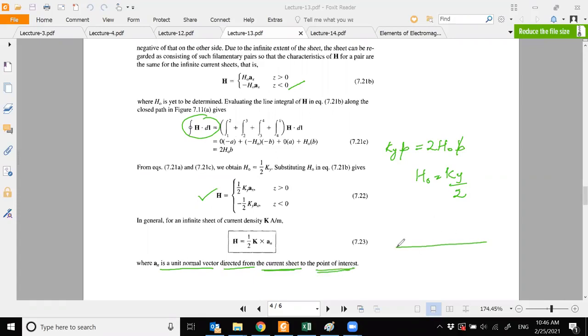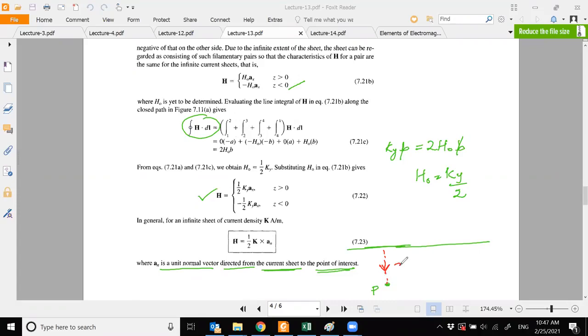So if my sheet is here and my point is here, what will be a_N? It is the unit vector directed from the current sheet to the point of interest. So from here to your point of interest, which will be this.